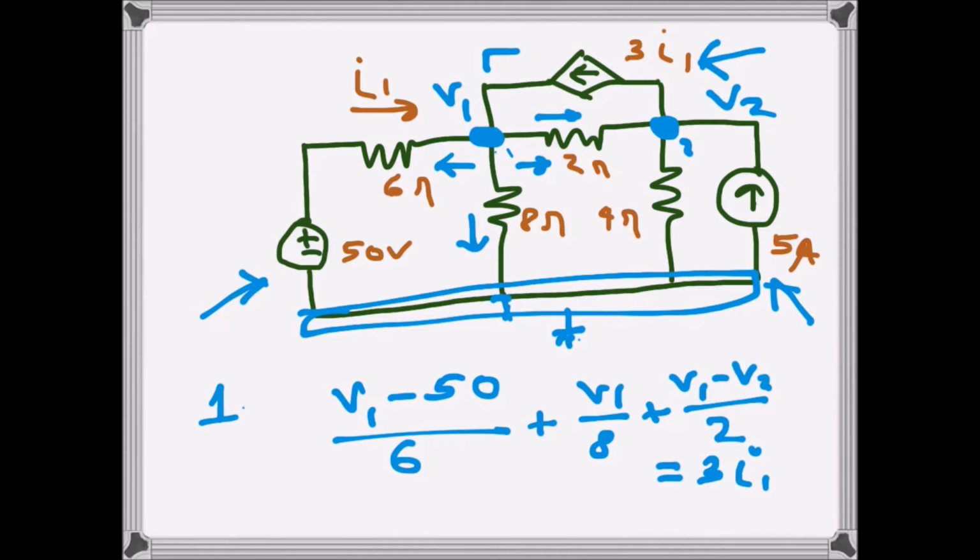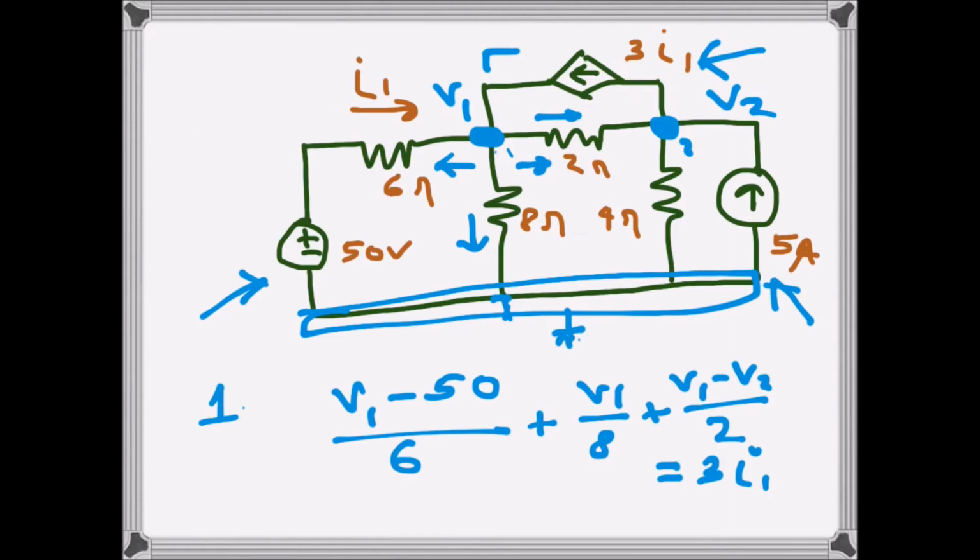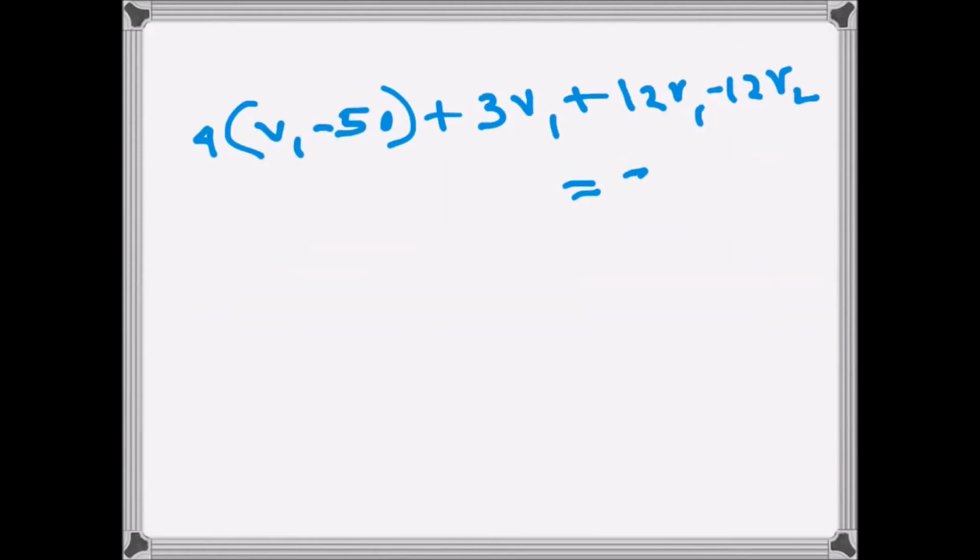So let's multiply both sides by 24. We get 4(V1 minus 50) plus 3V1 plus 12(V1 minus V2) equals 72I1.